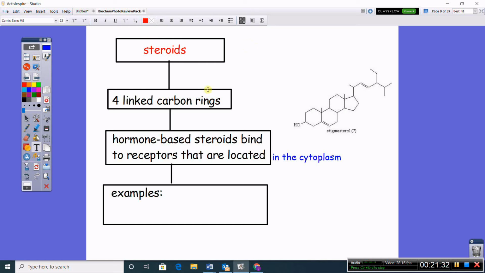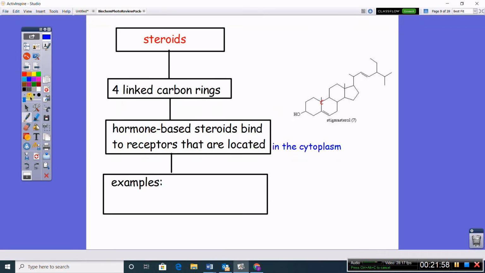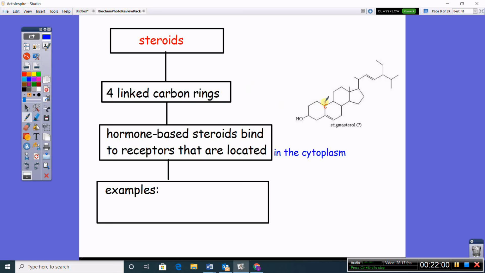Steroids are four linked carbon rings. So 1, 2, 3, 4. Remember that anywhere you see a point here, it is understood that there is a carbon. If other atoms are not shown, it is understood. So for example, there is a carbon here, and it is understood that that carbon is single bonded to this carbon and to that carbon.